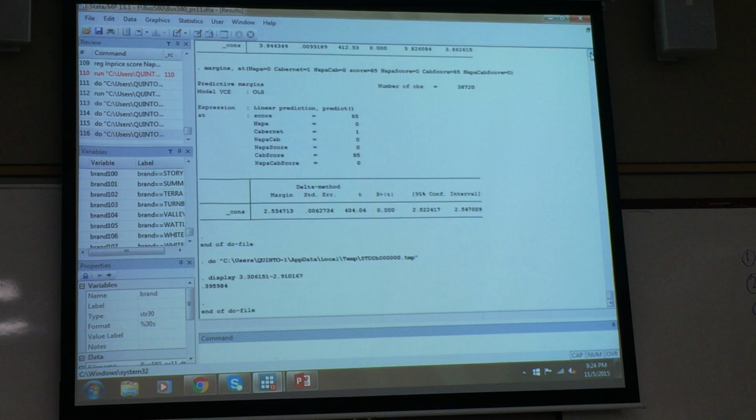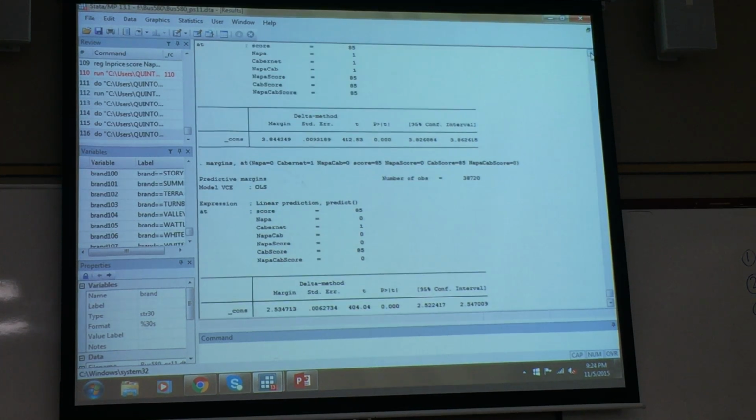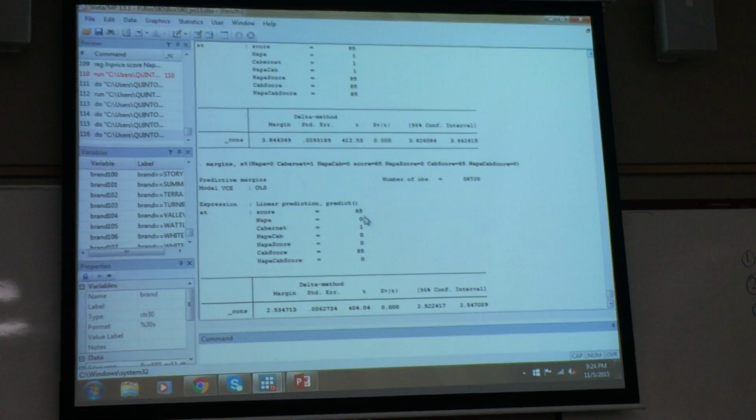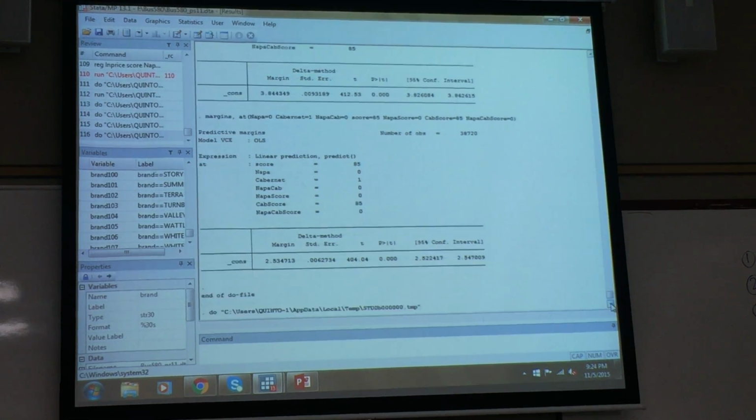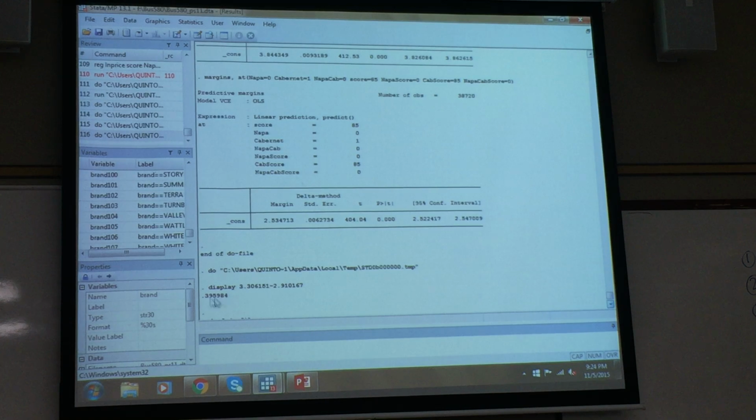All right, so for the cab, we can see again up here, Napa cab, Napa cab 85, and the interactions, not Napa cab, and the log price 3.8, log price 2.5, take the difference, and that's 39. Is that right? Isn't that what we got before? I think so, right?